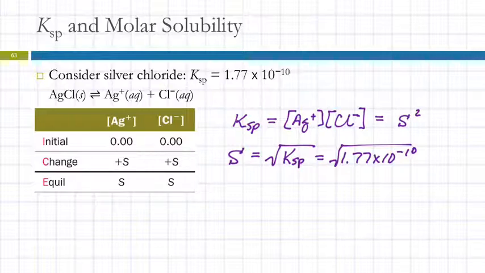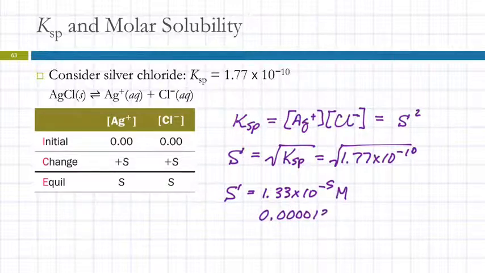.33 times 10 to the minus 5. And the concentration is going to be molar. So in decimal form, is that a significant concentration?